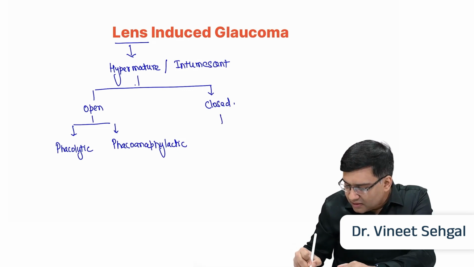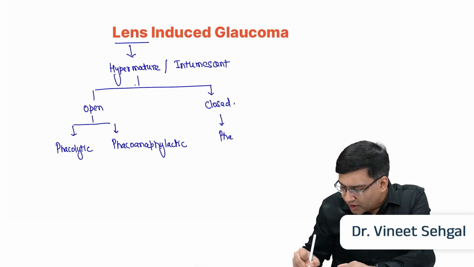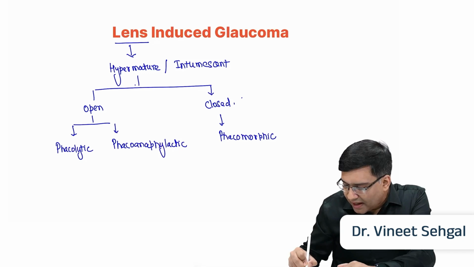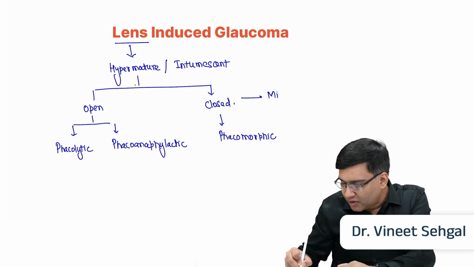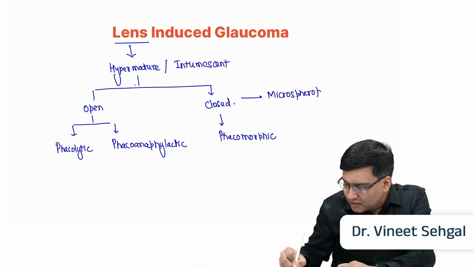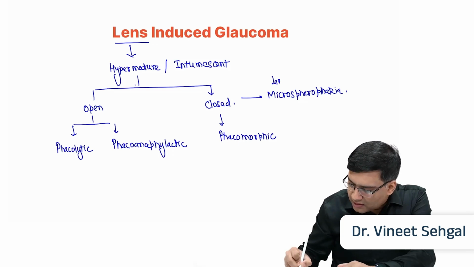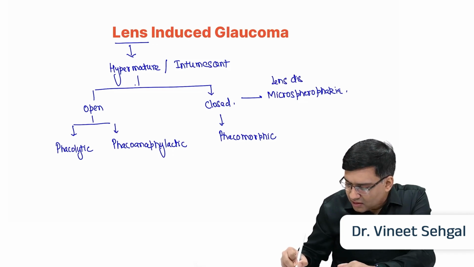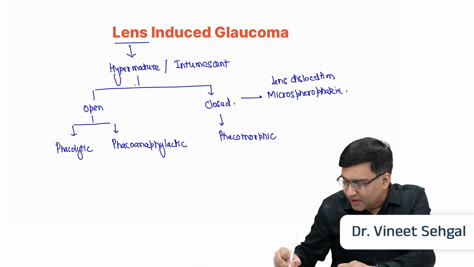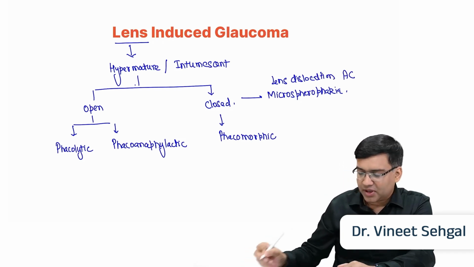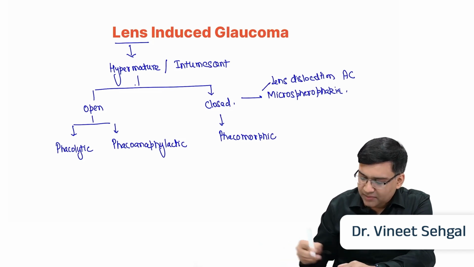In closed angle, we have phacomorphic glaucoma and we can have microspherophakia or lens dislocation in anterior chamber. Now let us learn about them one by one.